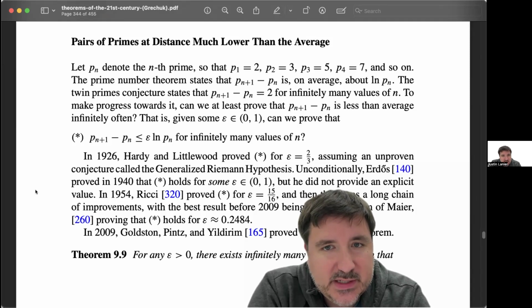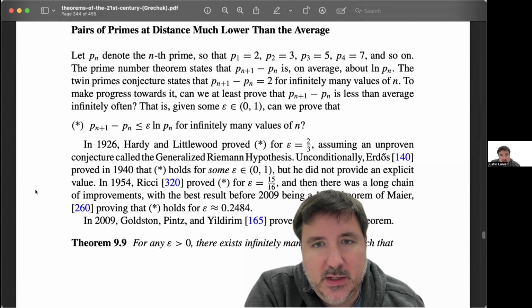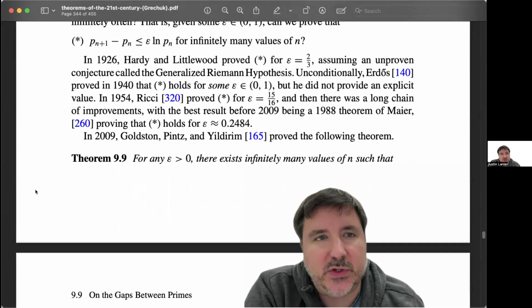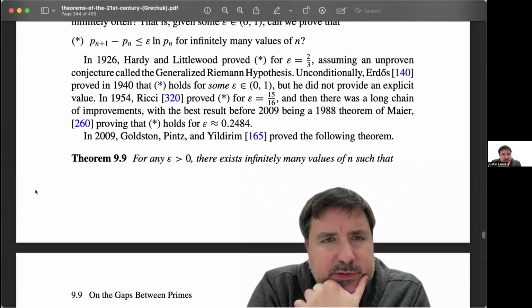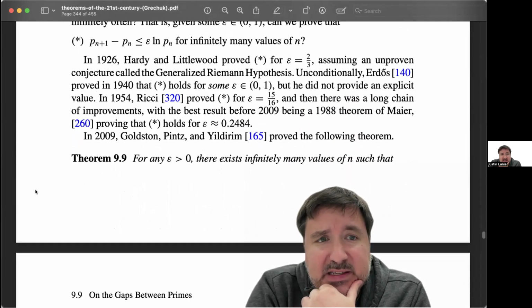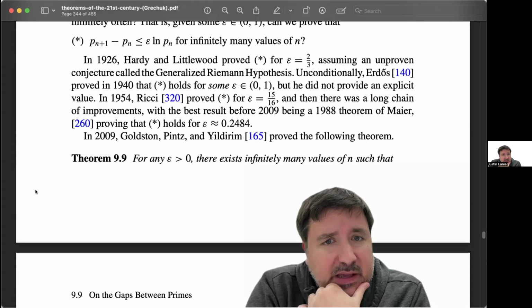Okay, and in 1926, Hardy and Littlewood proved this for not that small, but pretty small, 2/3, but they needed to assume something called the generalized Riemann hypothesis. And Erdos proved later that it holds, but we don't know what it is. And in 1954, Ricci proved 15/16, and it got better.